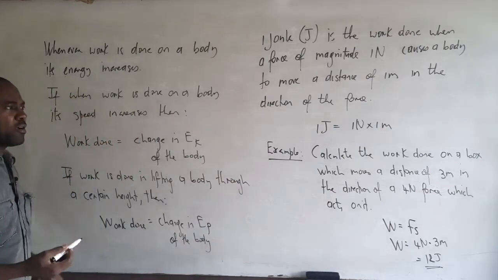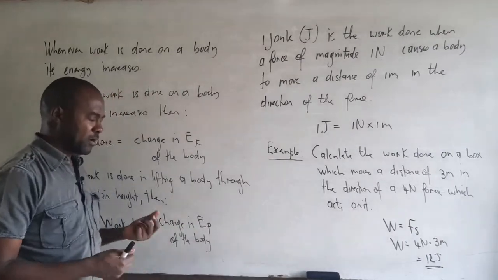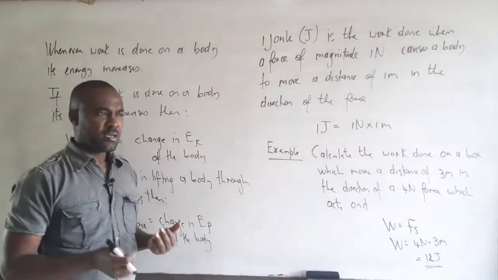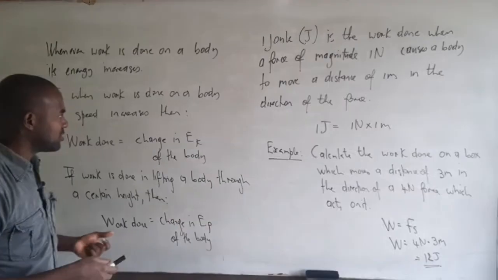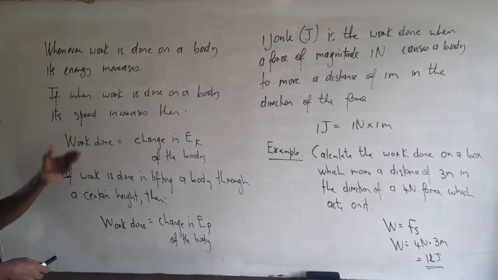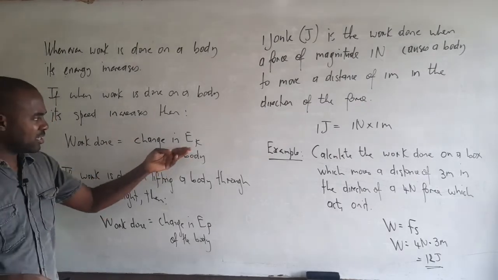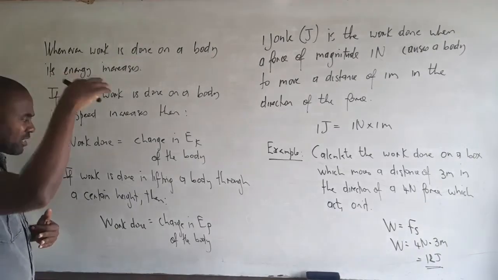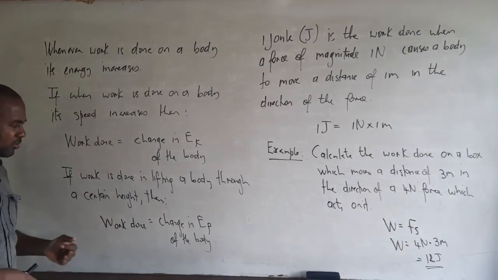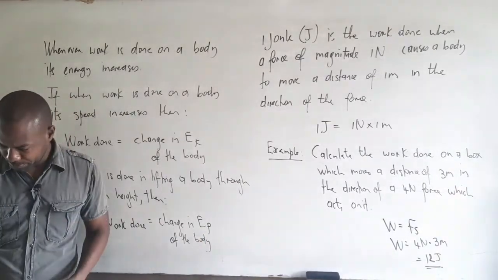So as I said before, there is a direct relationship between work and energy. In order for a body to do work, it must possess energy, and whenever work is done on a body, usually of course its energy will increase. So if work is done on a body and its speed increases, it means that the work done is equal to the change in the body's kinetic energy. If work is done on a body in lifting it through a vertical height, then the work done is equal to the change in the gravitational potential energy of the body.